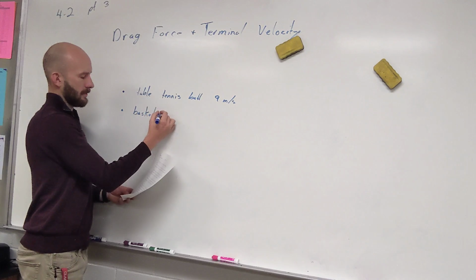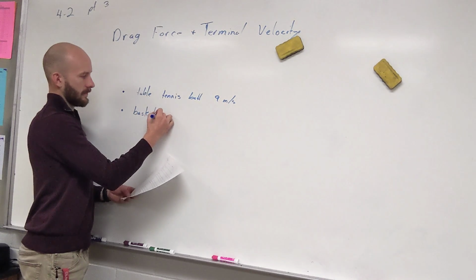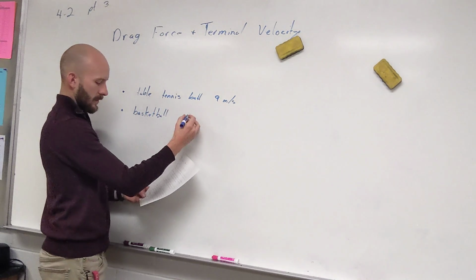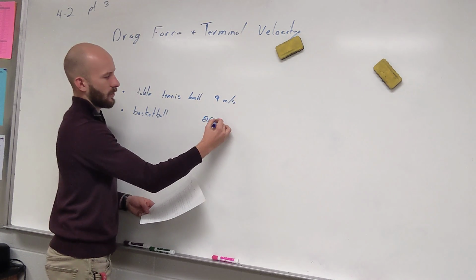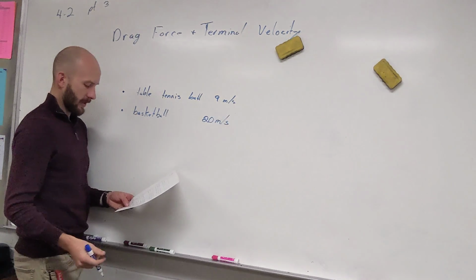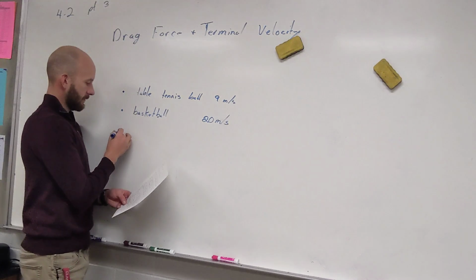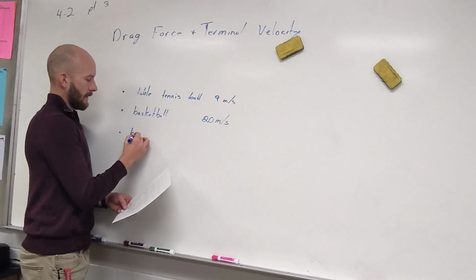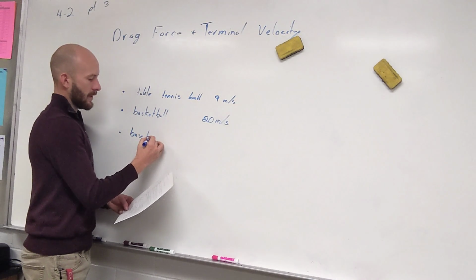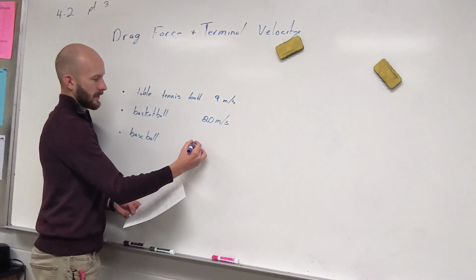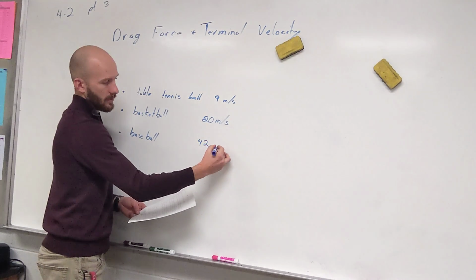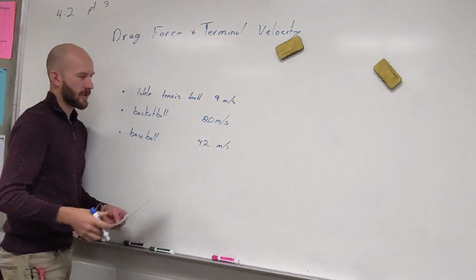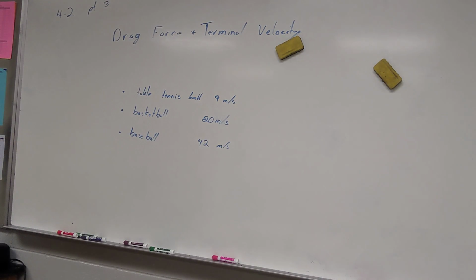A basketball is going to have a terminal velocity of 20 meters per second. And a baseball is going to have a terminal velocity of 42 meters per second. Okay?